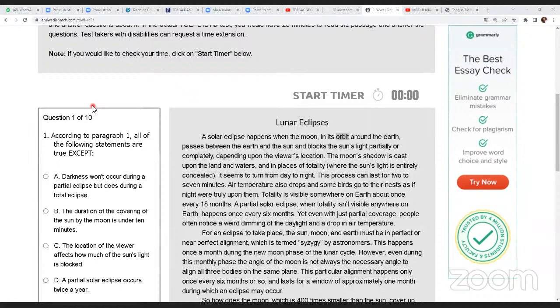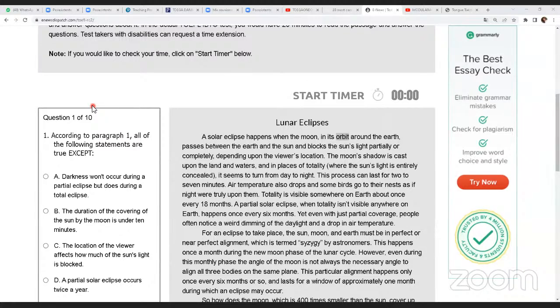it seems to turn from day to night. This process can last for 2 to 7 minutes. Air temperature also drops, and some birds go to their nests as if night were truly upon them. Totality is visible somewhere on Earth about once every 18 months.